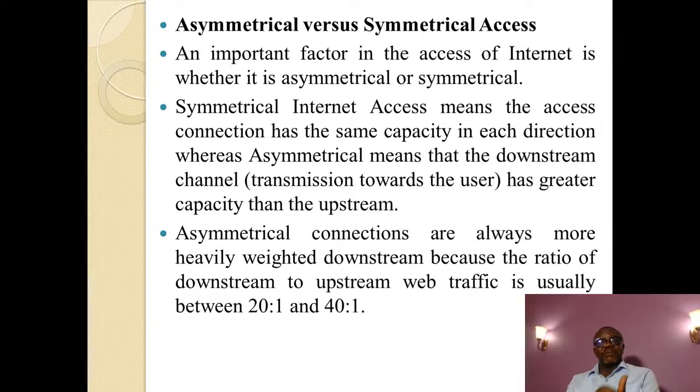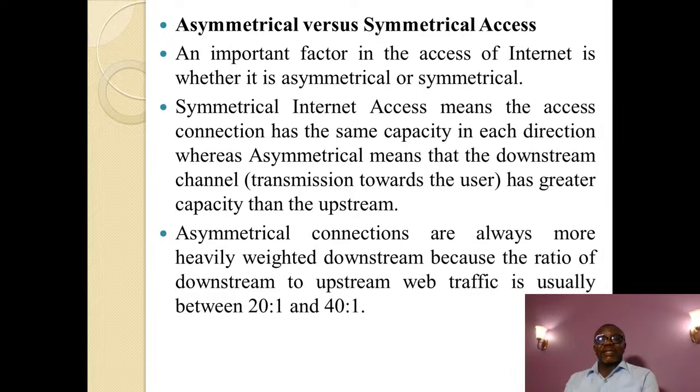You see, symmetrical means the access connection has the same capacity in each direction. That is, when you use your phone, your sending message has the same capacity as the message coming down to your phone.